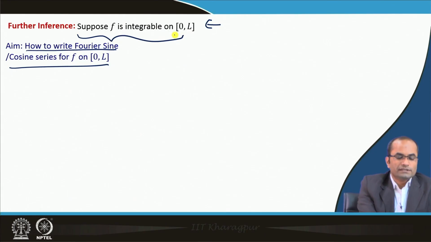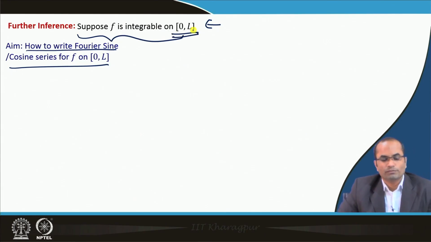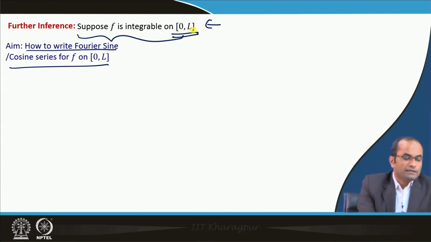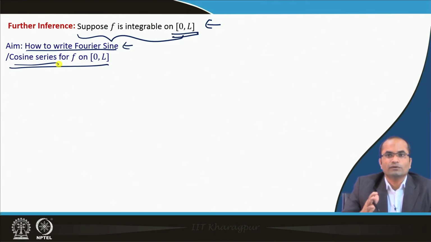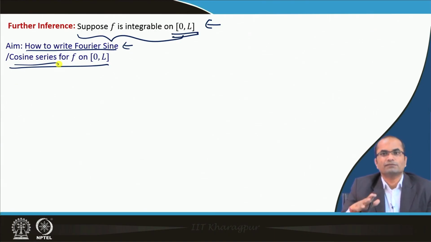So, suppose this f is integrable in this domain 0 to L, and our aim is, for instance, to write the Fourier sine or cosine series. So, the aim here is different now. We are not writing just the Fourier series, we want to write the Fourier sine or Fourier cosine series.